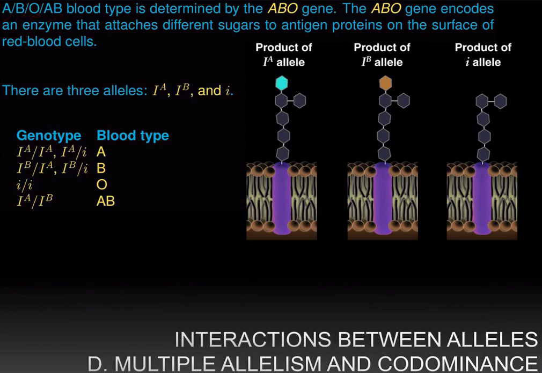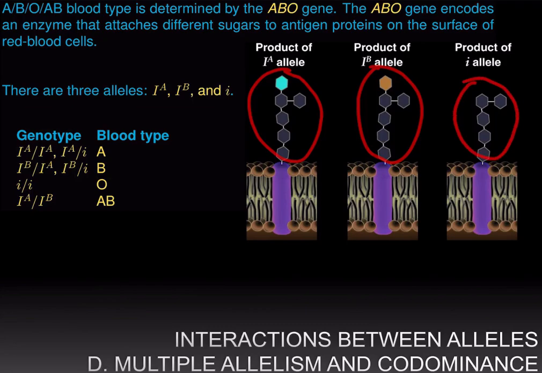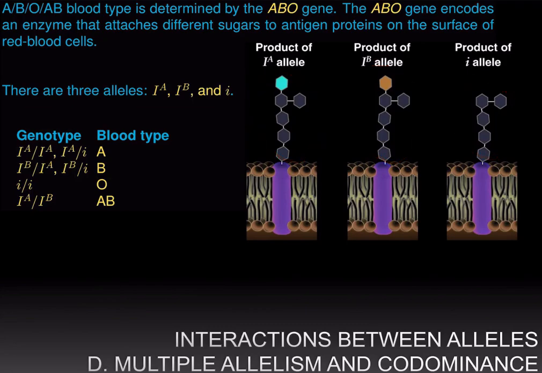These blood types are determined by antigen proteins that sit across the plasma membrane of our red blood cells. To these antigen proteins are attached different sugars, and the allele of the ABO gene determines which sugar is attached to the antigen protein.